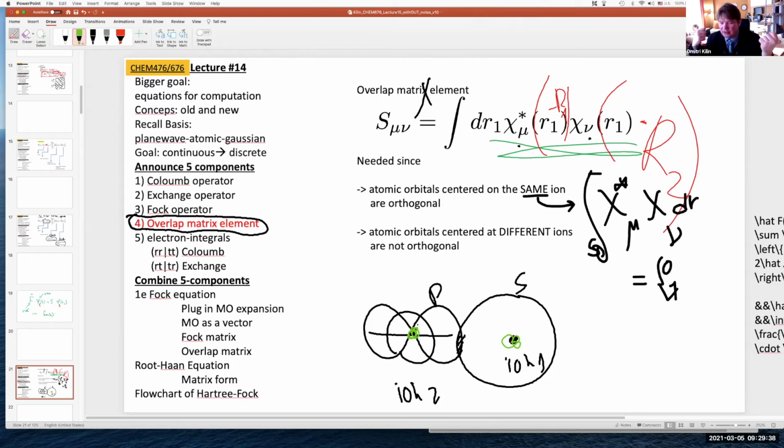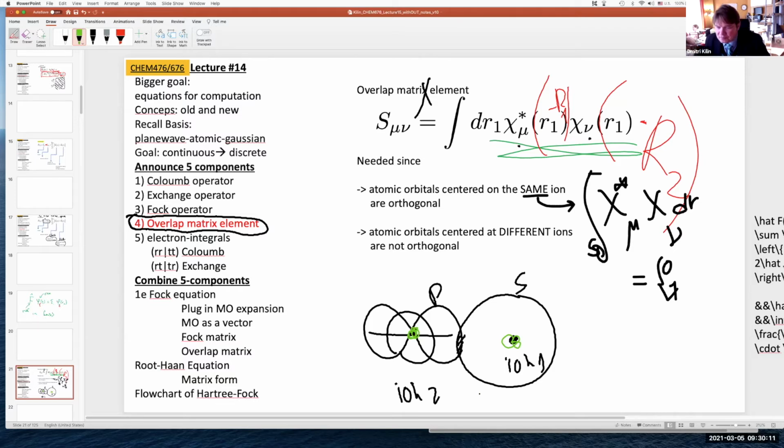Because hydrogen-like atomic orbitals are orthogonal only in the frame of one ion, one atom. But if there are several ions, then there is no theorem telling that they should be orthogonal. You see? And it makes, I wouldn't say big discomfort, but it adds specifics for describing molecules on the quantum level.